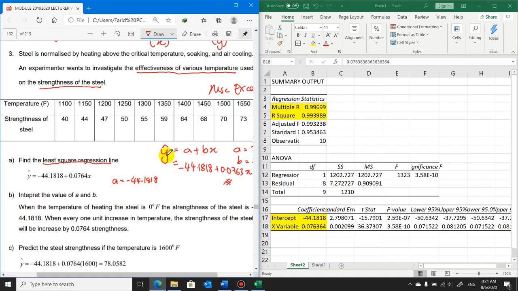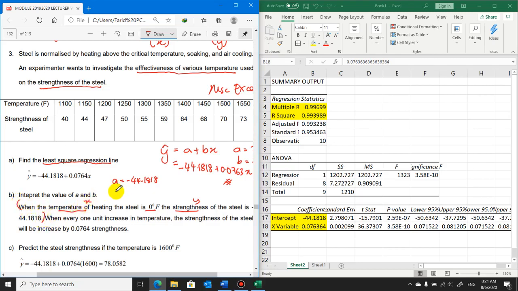Okay, so Y is equals to A if X equals to 0. Okay, so if X equals to 0, when the temperature of heating steel is 0, by any temperature, because dia adalah X is 0, the strengthness of steel, the Y is negative 44.1818.